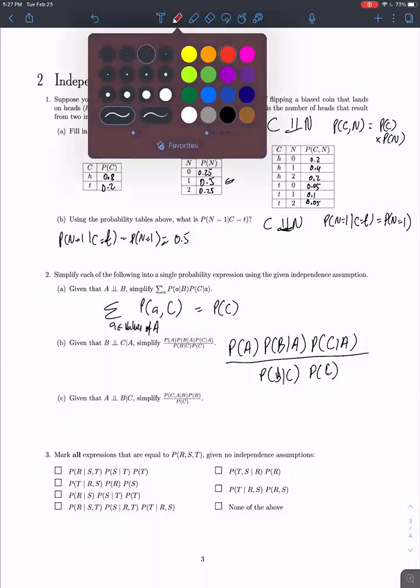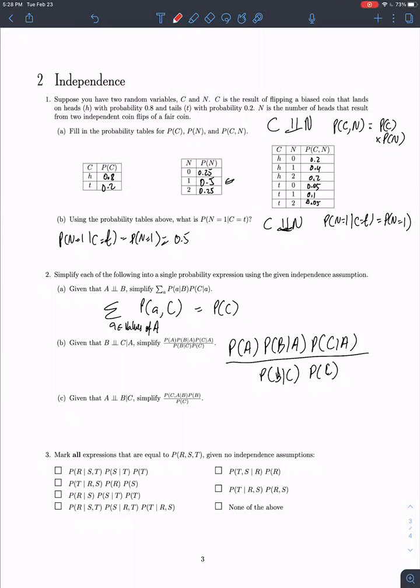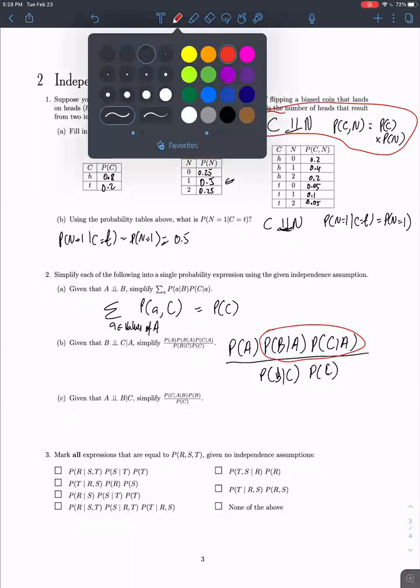And if we look, the thing that we can notice is these terms here, right? Probability of B given A, probability of C given A. Remember that when two things were independent, you can write their joint probabilities as the product of their marginals. It's sort of the same thing with conditional independence.